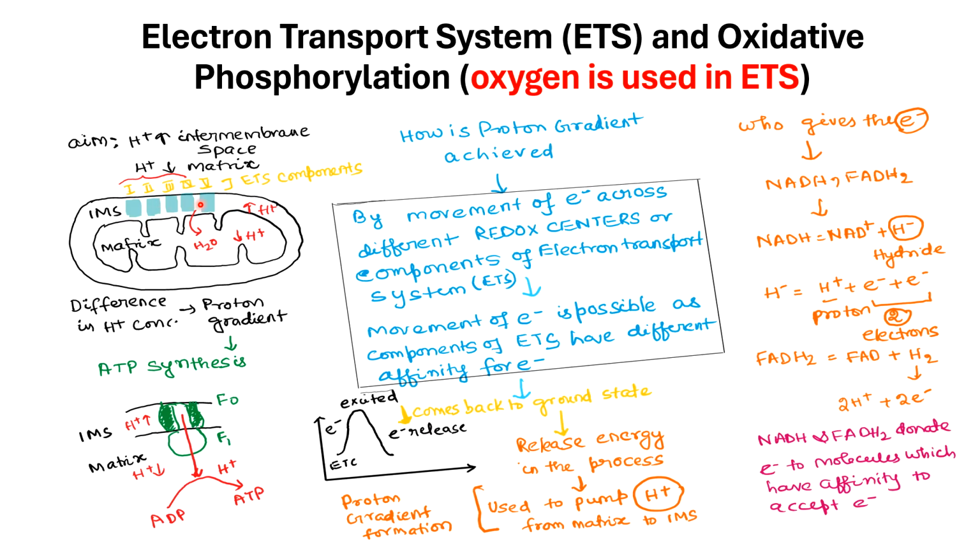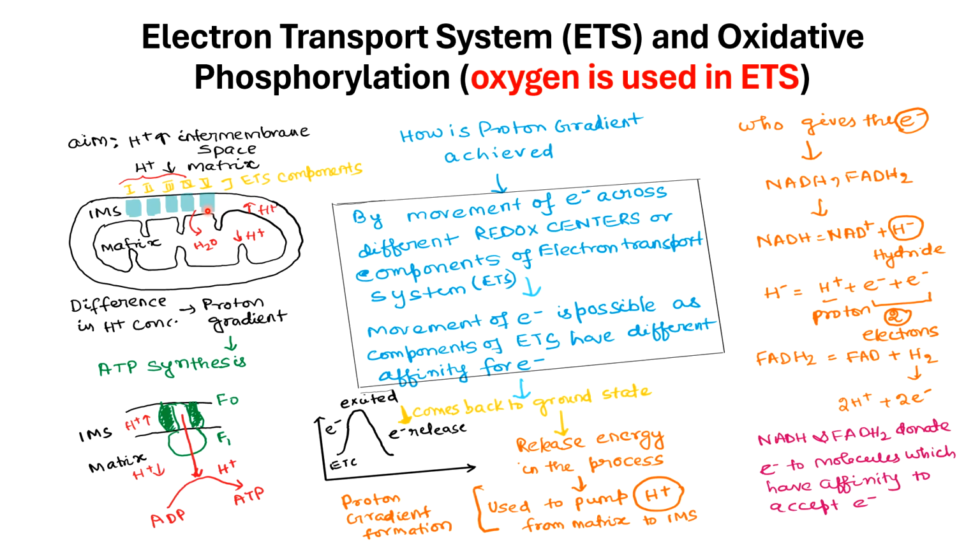And how is the movement of electrons possible? The movement of electrons is possible because the redox centers are arranged in such a way that they have a difference in affinity towards the electrons. So component 4 would have a greater affinity towards the electrons. So the movement of electrons is always in a direction from 1 through 4.